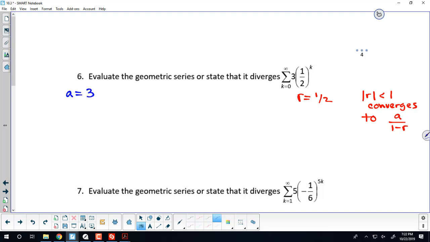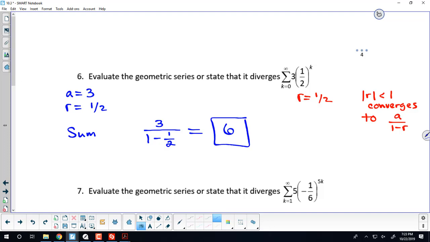A is equal to 3 and R is 1/2. So the sum of our series is A over 1 minus R, or 3 over 1/2, which is 6. Or if you want to write it up here, that's fine too.